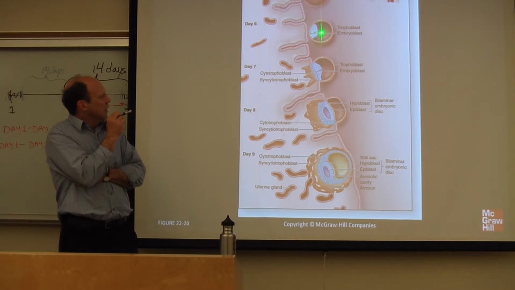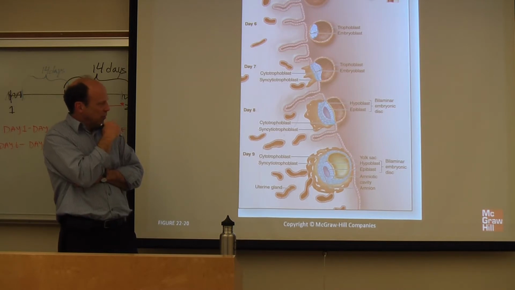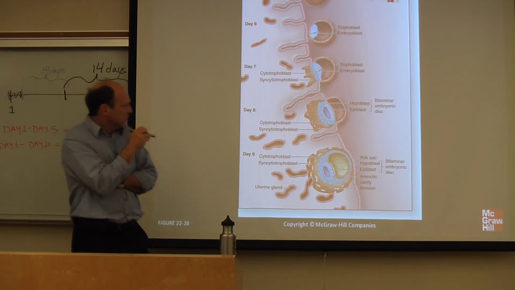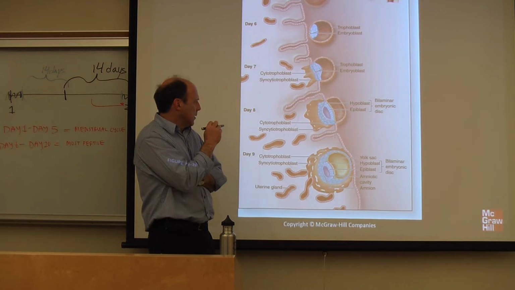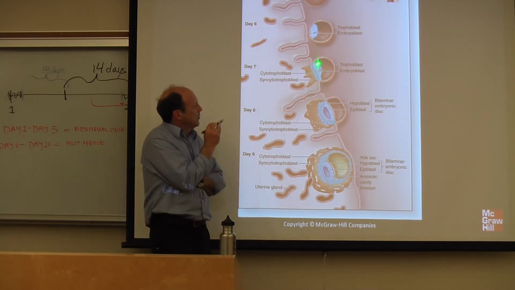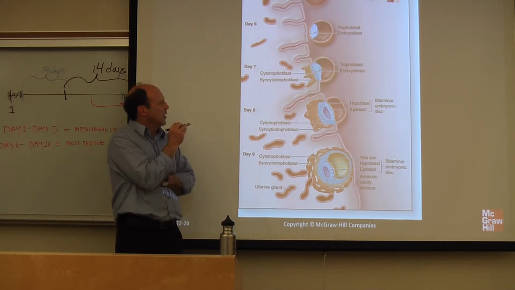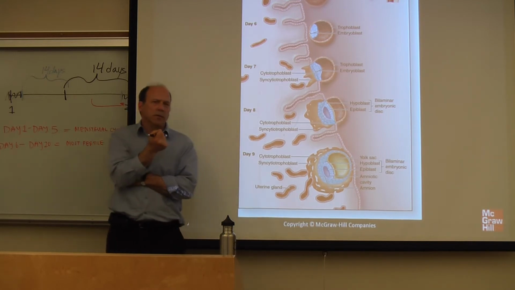And as it's implanting, you see that the egg is also maturing from a blastocyst to trophoblast, which has this embryoblast area in it. So there's this thing called the inner cell mass. And this is right in the early stages of implantation of this fertilized egg, where the inner cell mass is actually going to be the embryo.